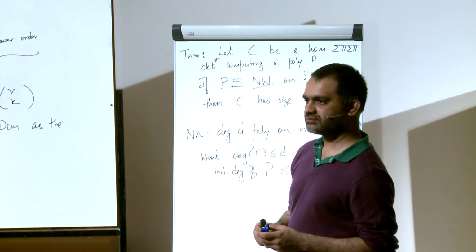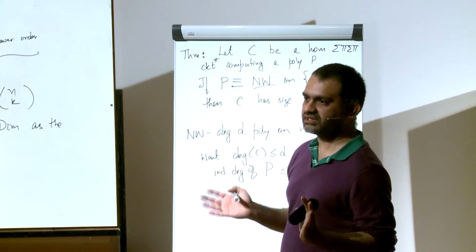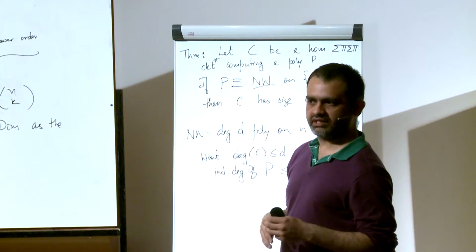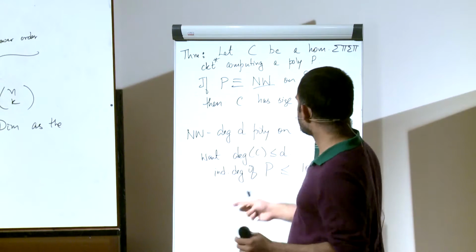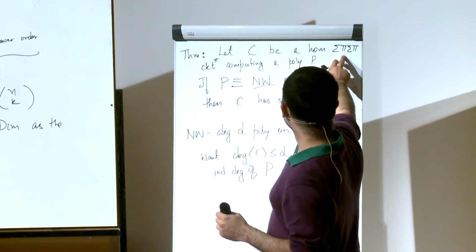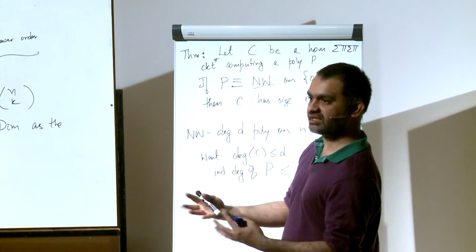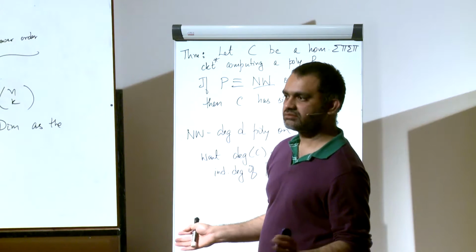It's the same up to polynomial. I don't know of such a transformation. I don't have a concrete counterexample, but I don't have a transformation. Like, suppose I give you a circuit C that has low individual degree, can I extract out its multilinear part by a small circuit? I don't have such a transformation.